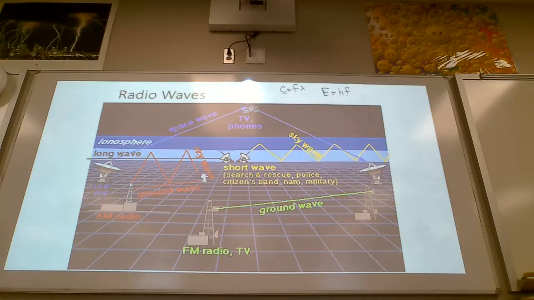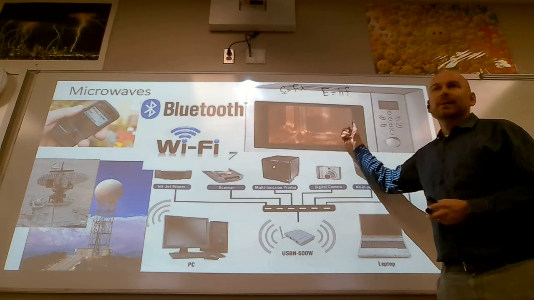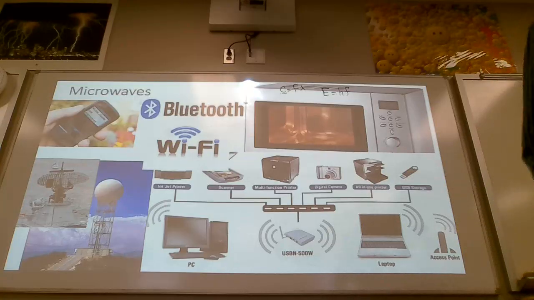These are all radio waves. Next up is microwaves. Mind you, this is a broad spectrum. One of these frequencies is microwave ovens, what you cook with.